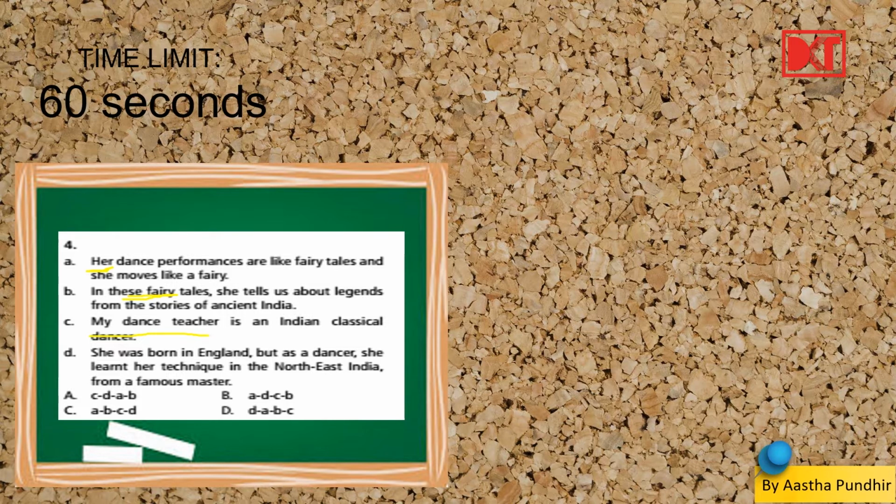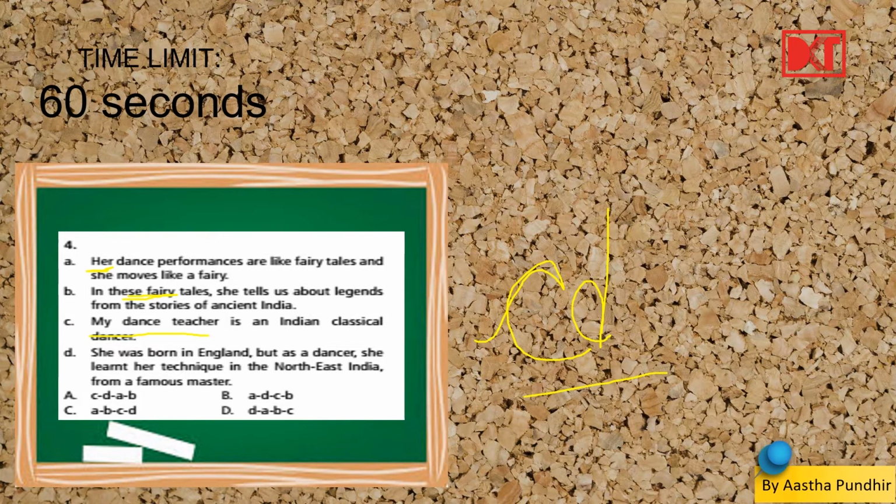Let's see. Next one. She was born in England, but as a dancer, she learnt a technique in Northeast India from a famous master. Okay, so accordingly the first sentence should be C. My dance teacher is an Indian classical dancer, and then we introduce her: she was born in England, but as a dancer she learned her technique in Northeast India from a famous master.